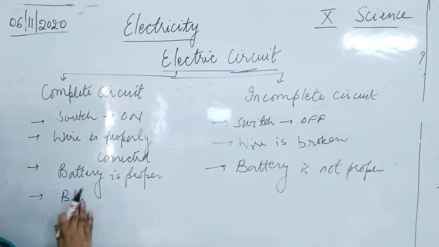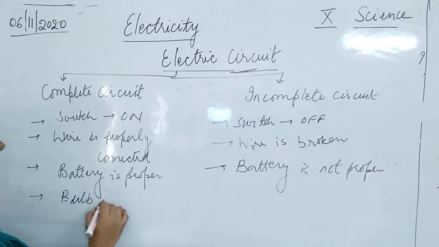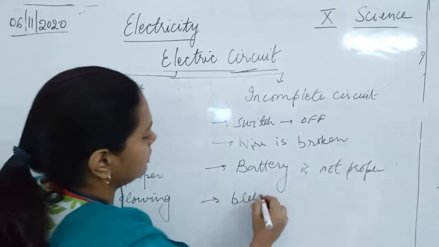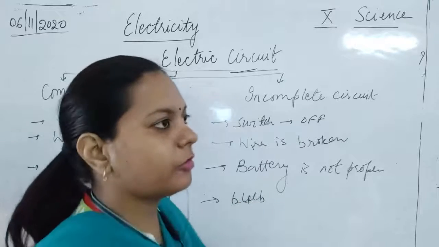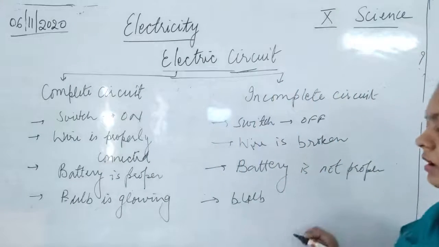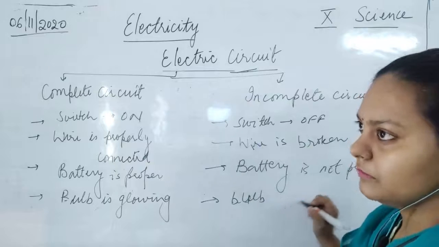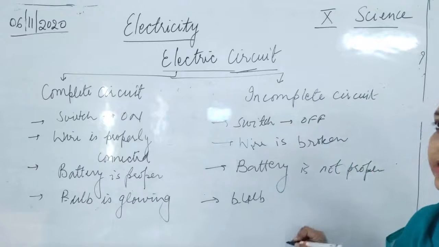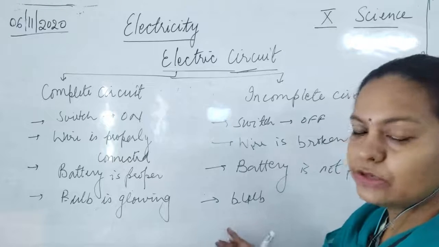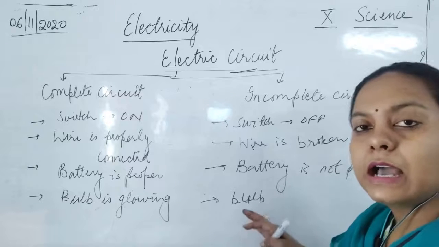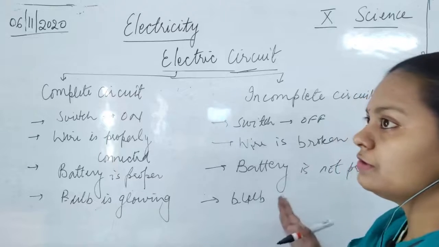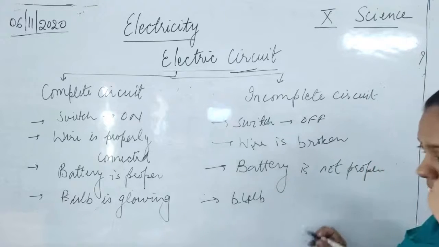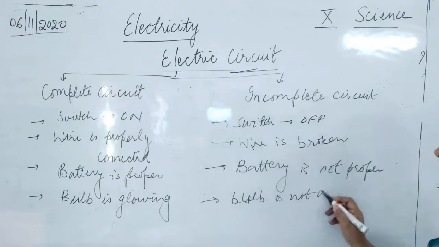Bulb is glowing. But here बल्ब का मतलब है, यहाँ हम ऐसा भी कोई भी एक डिवाइस लगा सकते हैं जिसकी वजह से हमको यहाँ पर करंट मिले और हम रिजल्ट देख सकें कि करंट फ्लो कर रहा है कि नहीं सर्किट में. आप फैन लगा दीजिए, आप बल्ब लगा दीजिए, you can put a tubelight, you can put any appliance. An appliance is always used just to check whether the current is properly flowing or not, the appliance is working or not. So bulb is not glowing.